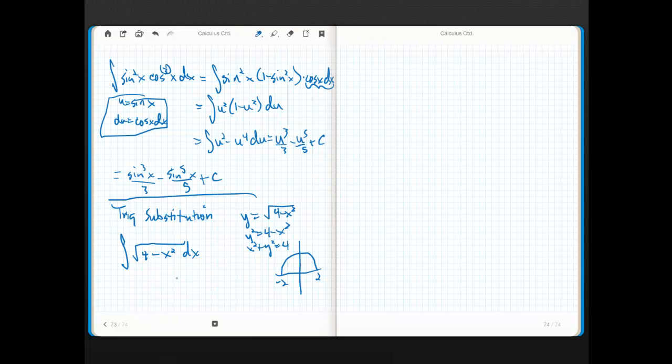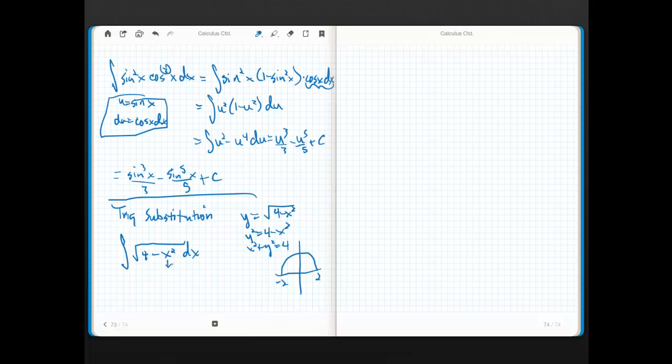So I'm going to do a trick, and it's a trig substitution. If you've never done these before, they're really hard to see initially, and I do something that's really crazy, but I want to show you how this is done. Watch. I notice that this is the square root of 4 minus x squared.